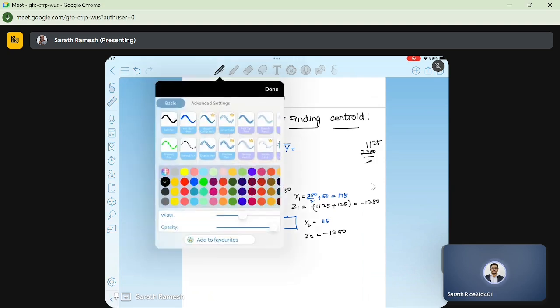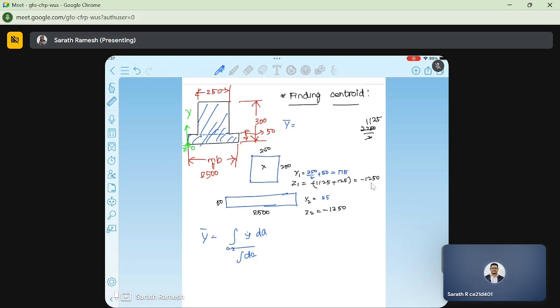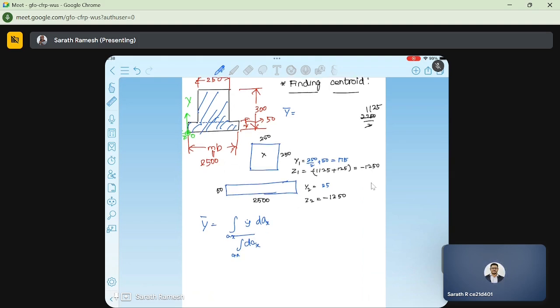Now what is the centroid? Y bar is the integral of y dA divided by the integral of dA. This will be equal to a1 y1 plus a2 y2 divided by a1 plus a2.